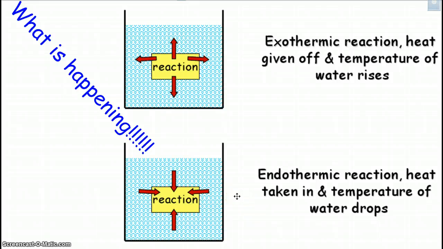And kind of the opposite, if the chemical reaction takes place in water, the endothermic reaction would take heat away from that water, absorb the heat energy, and in turn make the water around it colder. Okay? We're going to see examples of these. You're going to get to experience these in a couple labs that we see.